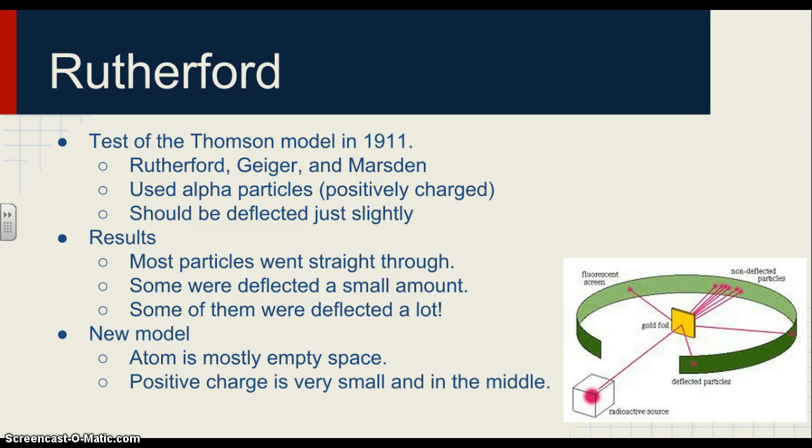The positive charge in the atom was very small and was in the middle of that empty space. For comparison's sake, imagine a marble in a football field, a football stadium even. That's how small the nucleus is compared to the rest of the atom.